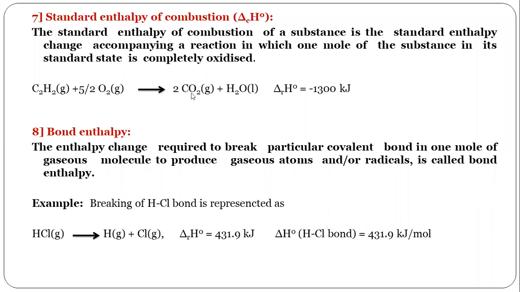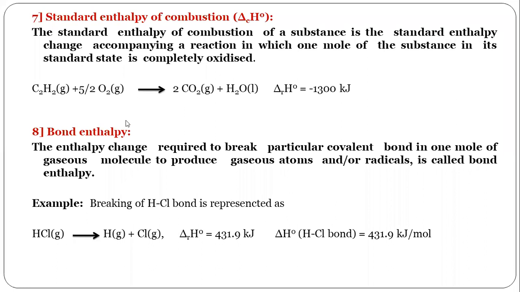Means the carbon dioxide gas is evolved and water is formed in liquid state. And this delta c H naught, standard enthalpy of combustion, is minus 1300 kilojoule. This much amount of energy is liberated. This is called as standard enthalpy of combustion, which is measured at standard rates.